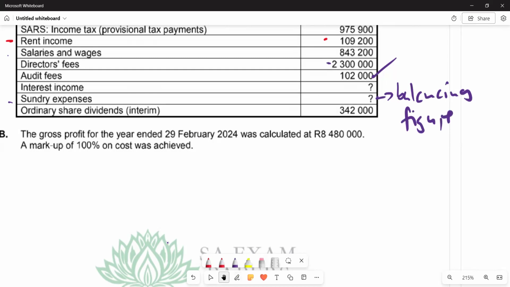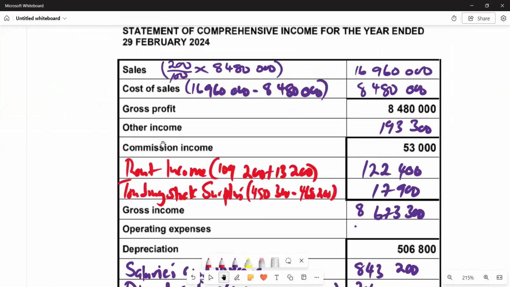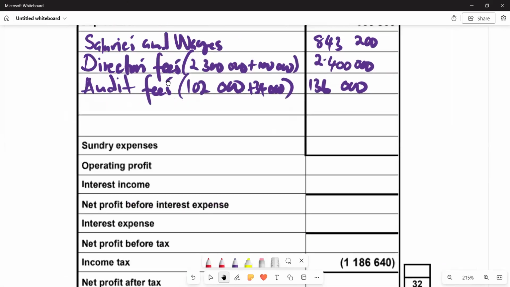So we can just write sundry expenses, and we can come back to find it as a balancing figure. We can just leave it blank there, and we'll come back to it.